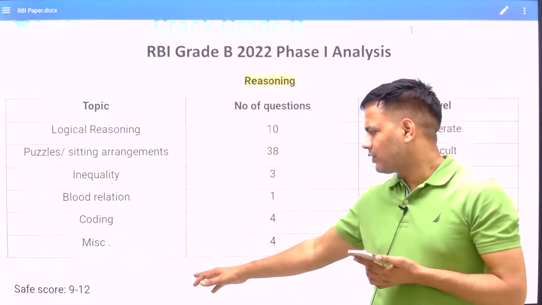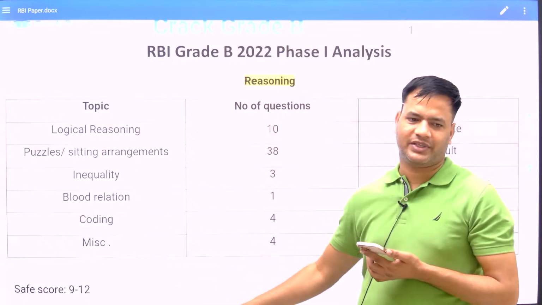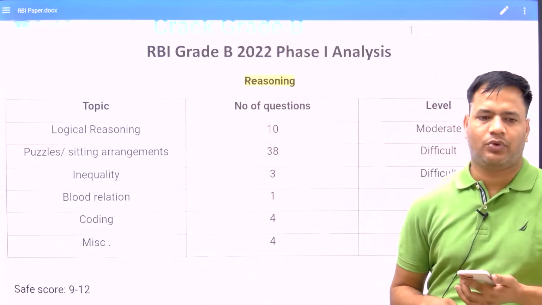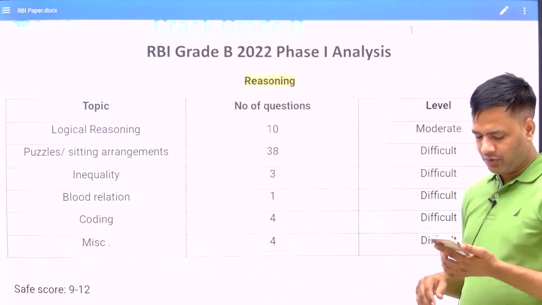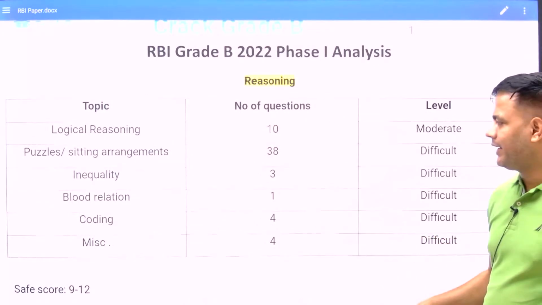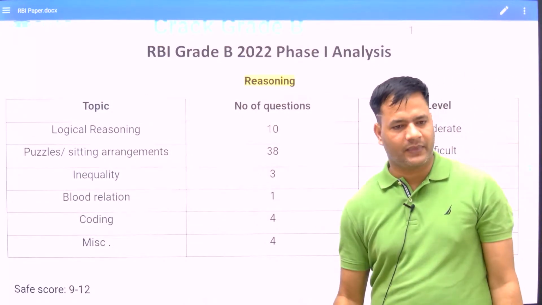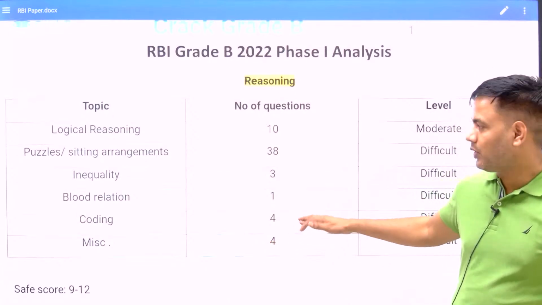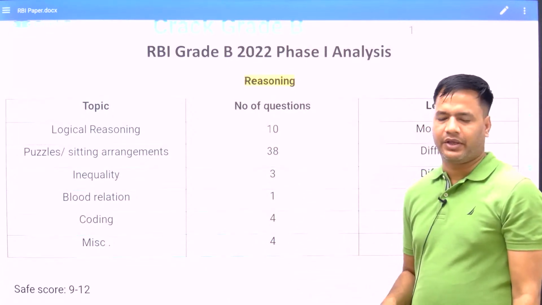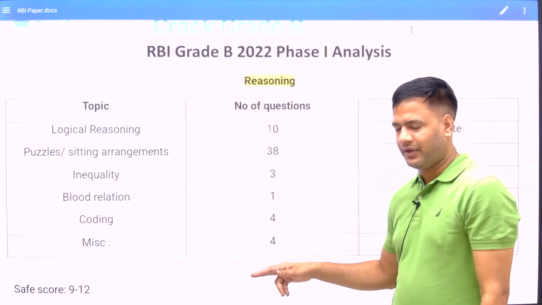The highest it can go is up to 12, the lower side up to 9. If it is in the range of 9 to 12, then you are safe in reasoning. In general category I am referring here.